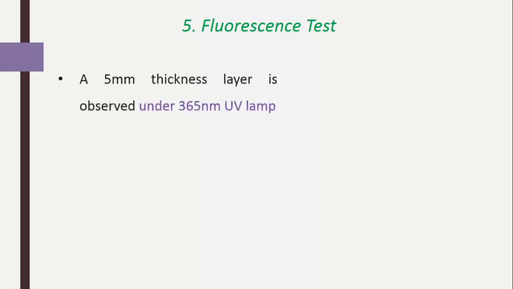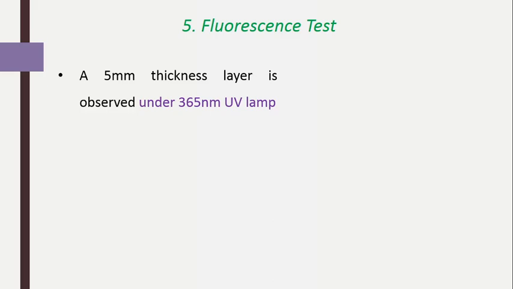The name itself indicates that by using another source, here fluorescence, the absorbent cotton is observed. The sample, with a 5 mm thickness layer, is observed under a 365 nanometer ultraviolet lamp.